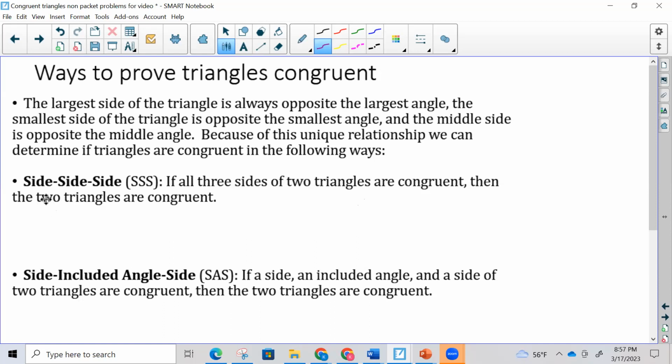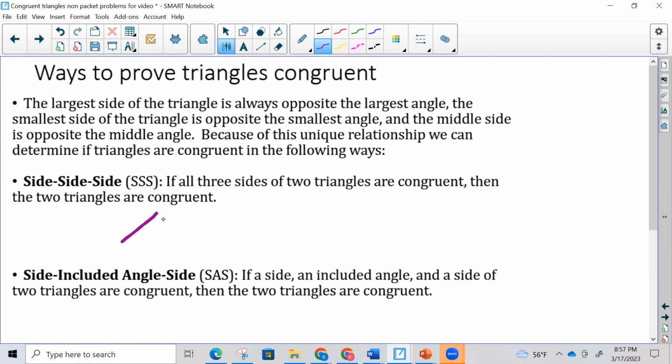So if I just know that all 3 sides of 2 triangles are congruent, if I know nothing about their angles, but just that the 3 sides of the 2 triangles are congruent, that's enough information to state that the 2 triangles are congruent. And the reason we give is called a theorem or a postulate. The reason we give in that case is called side, side, side, which is SSS, which means I have 3 pairs of congruent sides.